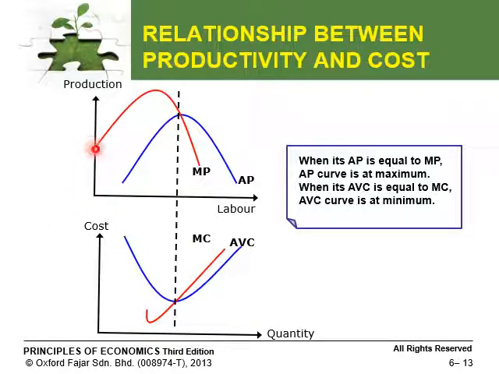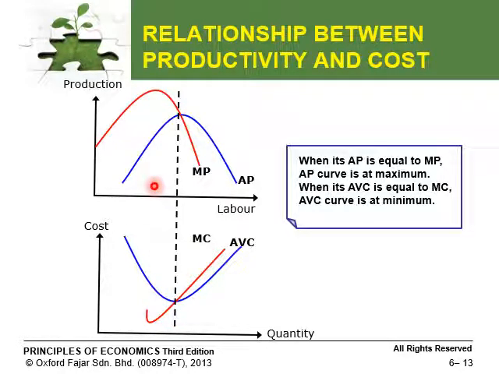Whenever the marginal product intersects with average production, it shows that the point of intersection happens where production is at its maximum. At the same time, the marginal cost will intersect with average variable cost at the lowest cost in production.